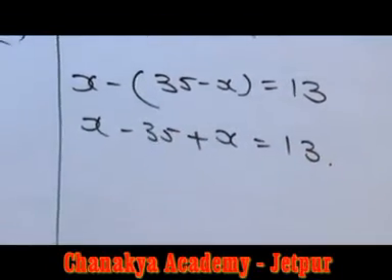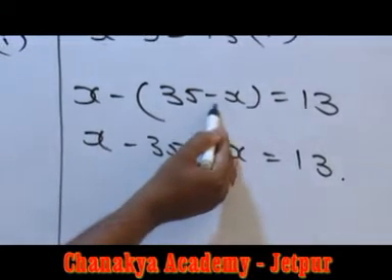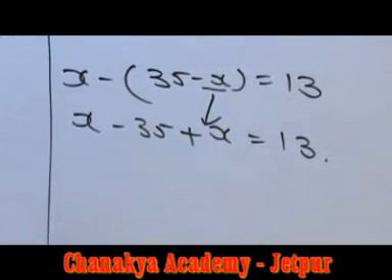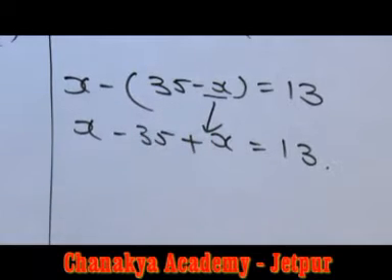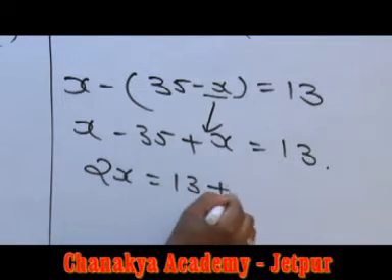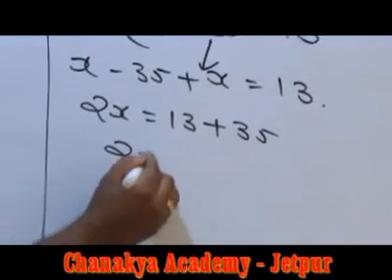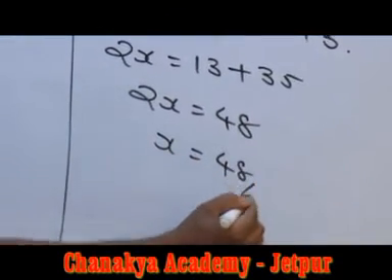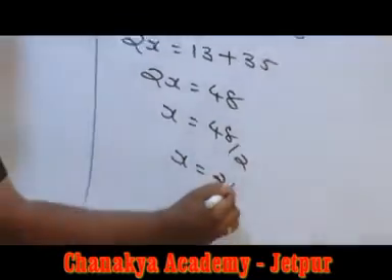Removing the bracket, I have changed the sign, here minus x, here I have converted into plus x because we have removed our bracket. X plus x will deliver us 2x, 13 plus 35, 2x equal to 48, x equal to 48 divided by 2 will give us x equal to 24.